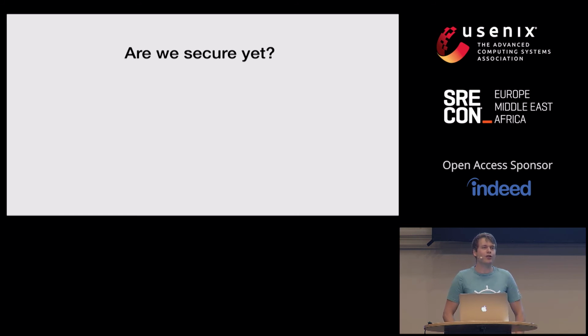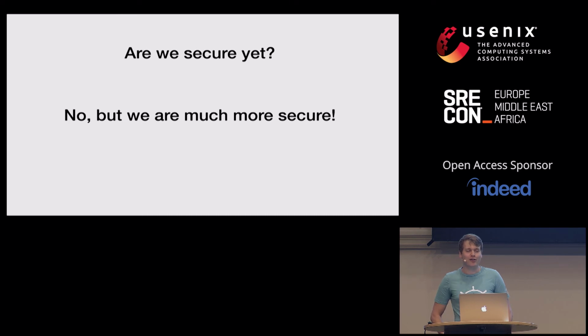Well, are we secure yet? Unfortunately, no, but we are way more secure than before because we took out an entire class of attacks. Why am I saying that we aren't secure yet?